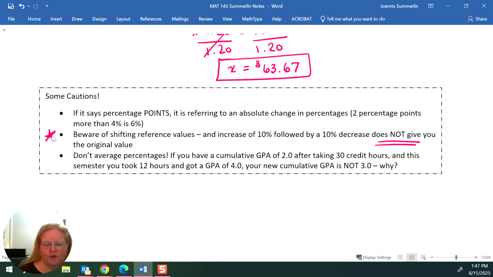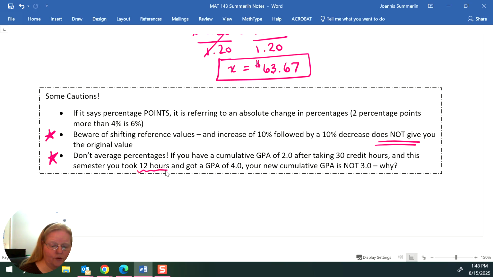Don't average percentages. If you have a cumulative GPA, this is also a question, and I believe this actually ends up being a question on the exam too. If you have a cumulative GPA of 2.0 after taking 30 credit hours, and in this semester you took 12 hours and got a GPA of 4.0, your new cumulative GPA is not 3.0. Why?